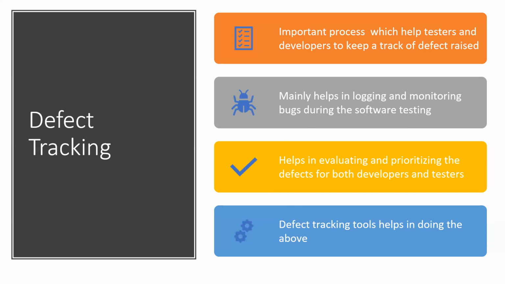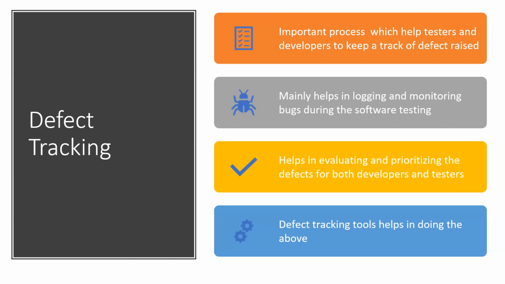It also helps in evaluating and prioritizing the defects for both developers and testers. I have told you about severity and priority. Instead of communicating the severity to the developers manually or through Excel sheets, we have a set of severities and priorities created in the tools, which we can choose automatically.